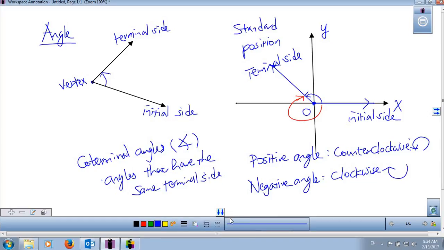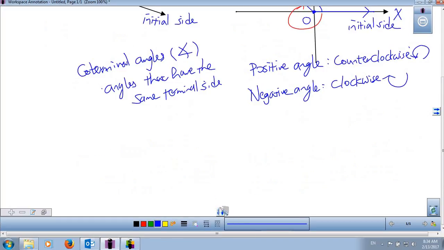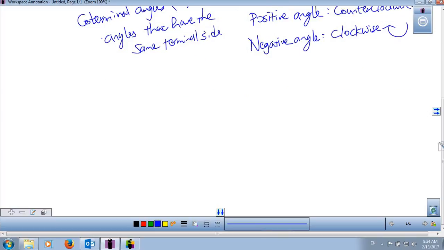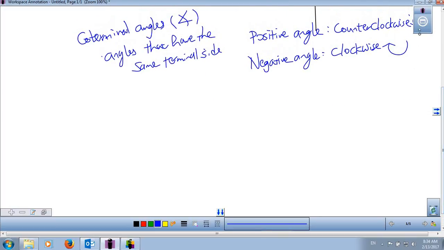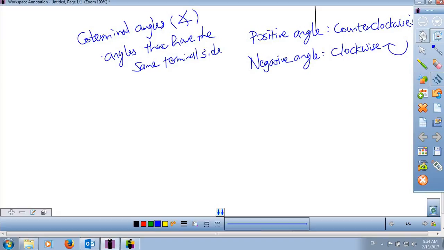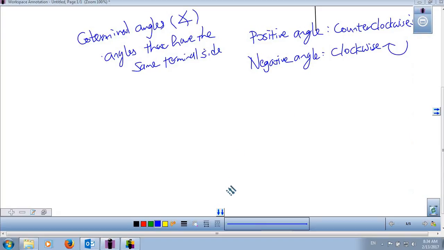So let me go ahead and pull down a little bit. Let me draw another illustration to show you the coterminal angle. So let's draw the coordinate plane one more time.